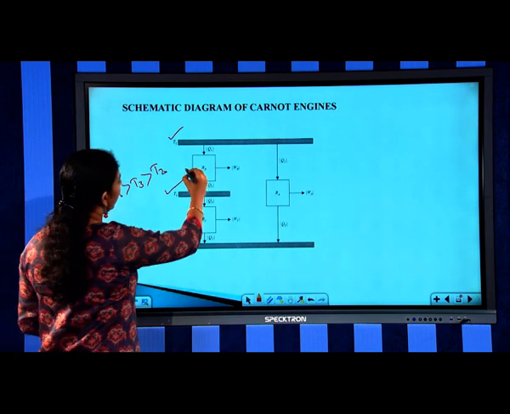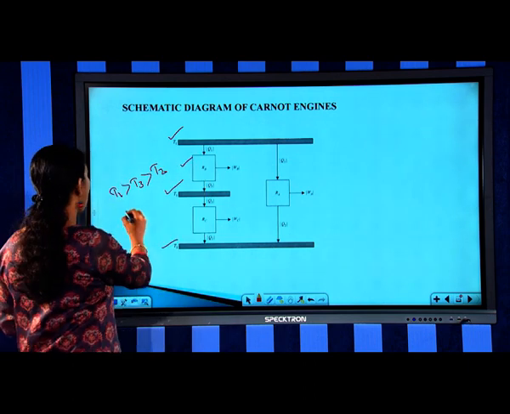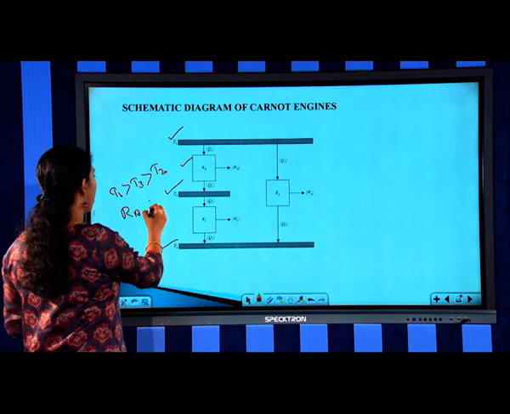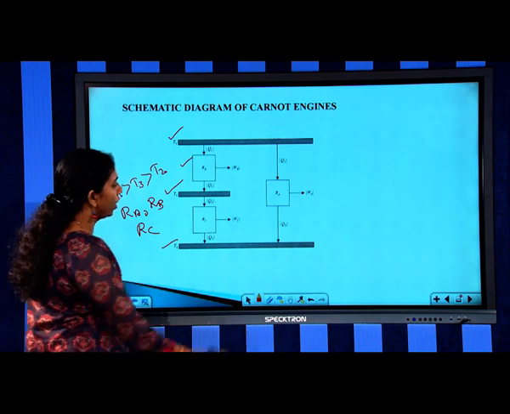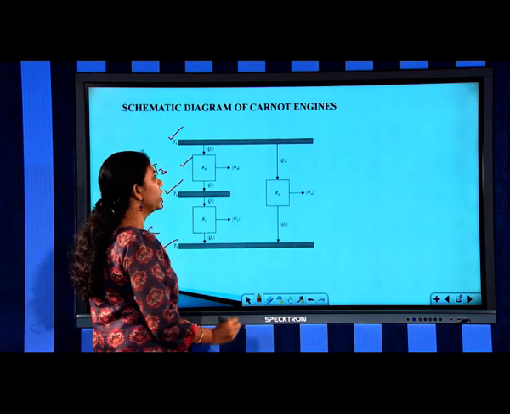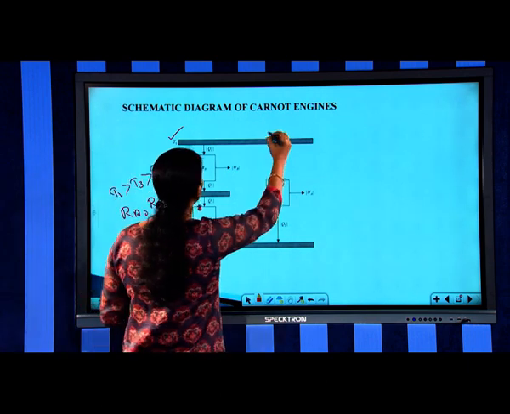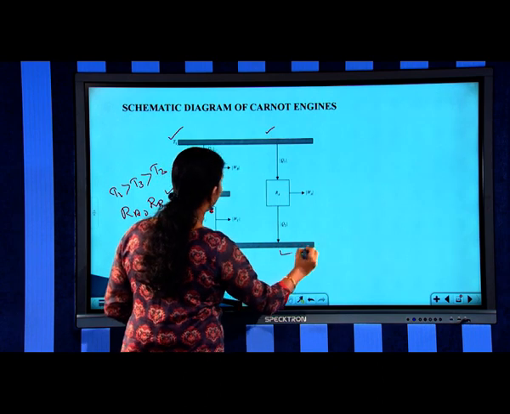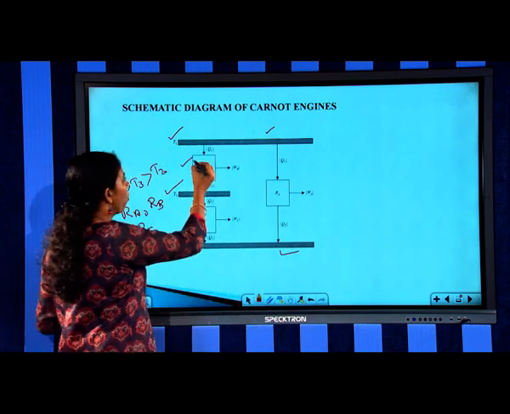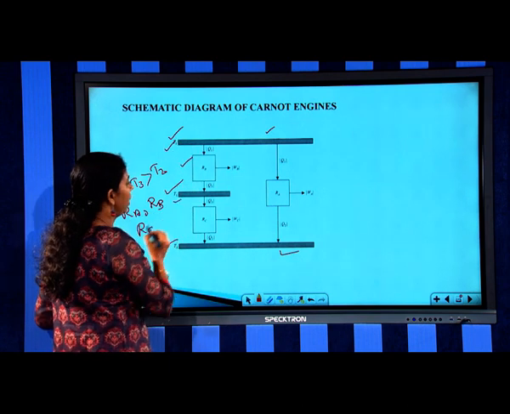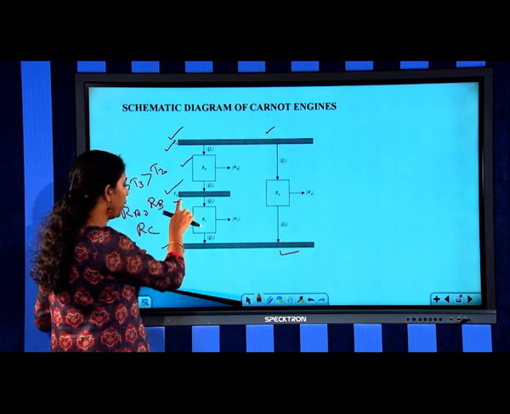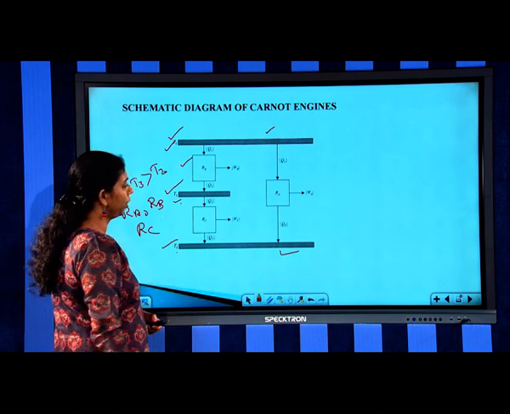Here three Carnot engines are there, RA, RB, RC. RA operates between the temperatures T1 and T2. RB operates between the two temperatures T1 and T3. RC operates between T3 and T2.